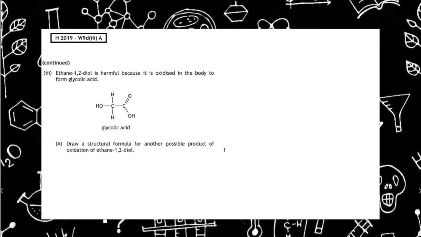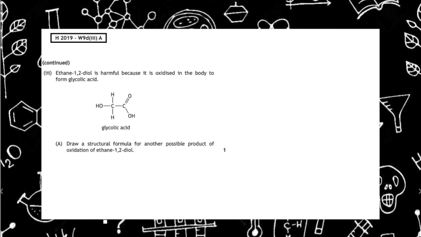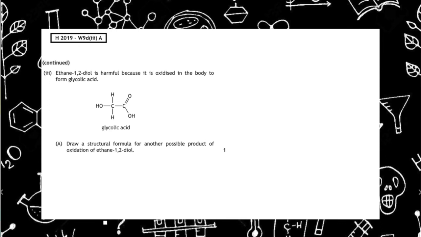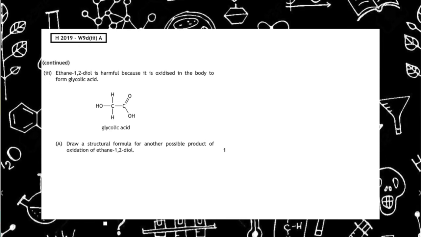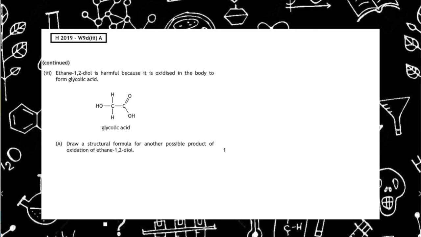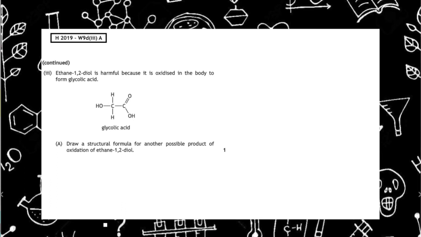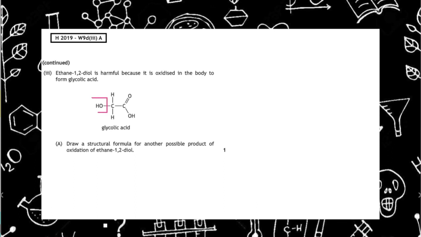This past paper question is from the Higher 2019 written 9D3 part A. Ethane 1,2-diol is harmful because it is oxidised in the body to form glycolic acid. Draw a structural formula for another possible product of oxidation of ethane 1,2-diol. What we can see is on the left hand side we have the hydroxyl group.